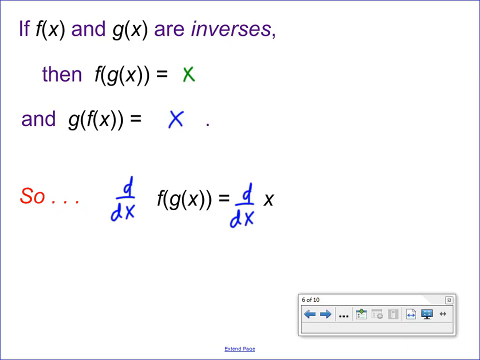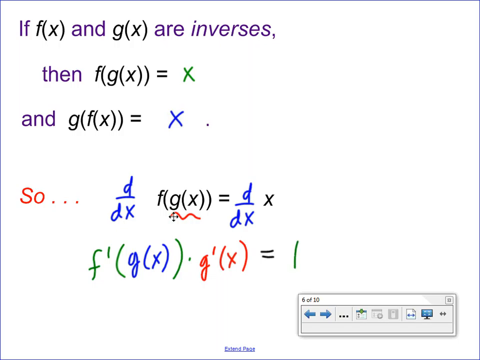The chain rule, good. The derivative of a composition of functions is the derivative of the overall function with the inner function, in this case g of x, times the derivative of the inner function. What is the derivative of my inner function? Well, the derivative of my inner function is g prime of x. That's going to be equal to the derivative of the right-hand side. The derivative of x with respect to x is, I got this one, guys, 1.